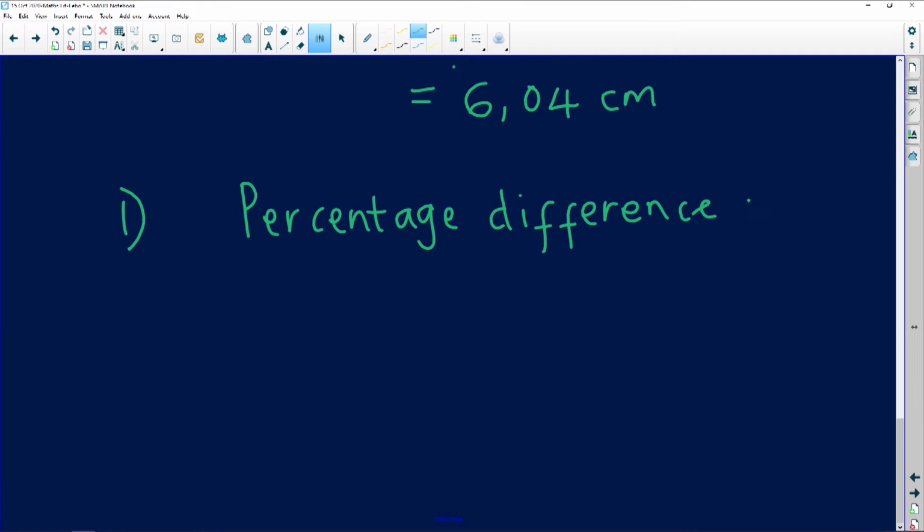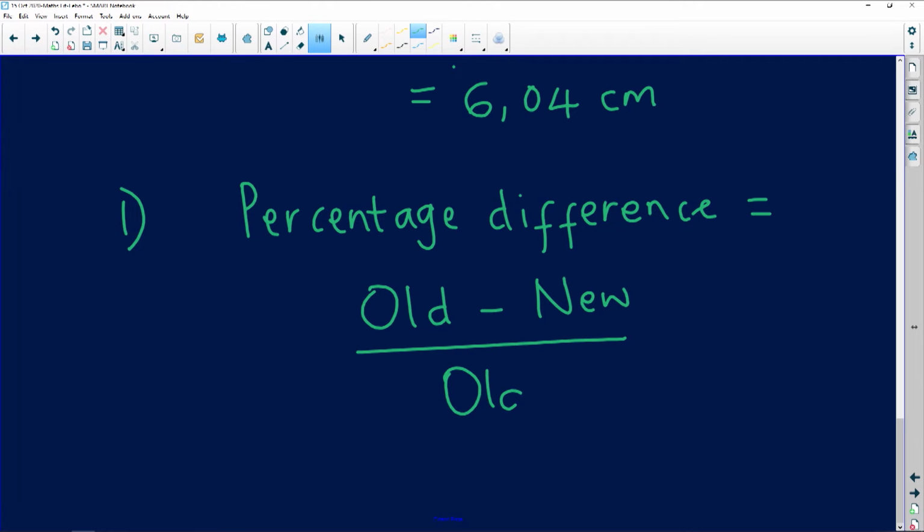Difference is equals to old minus new all over old, because you're comparing it with the older price, times 100.